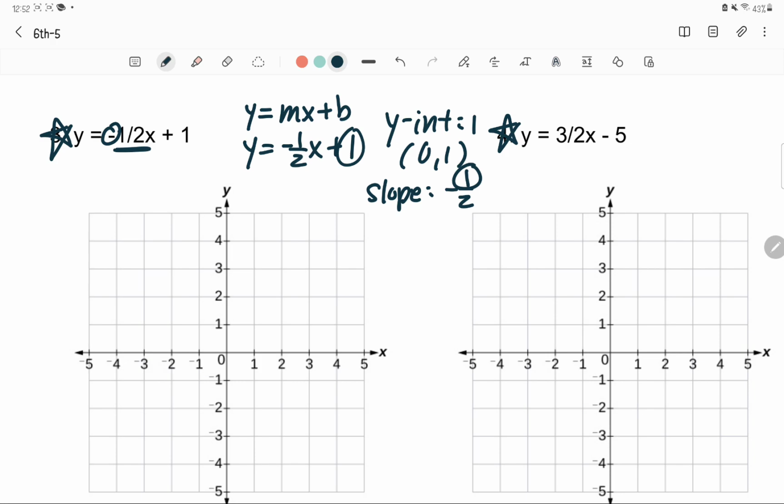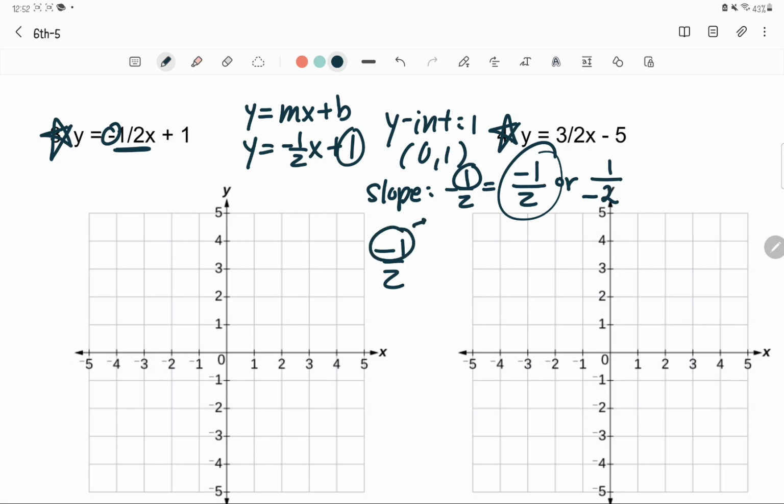You can write it as negative 1/2 or 1/-2, right? But you usually use this form. The negative sign usually goes in the numerator. So negative 1/2, right?